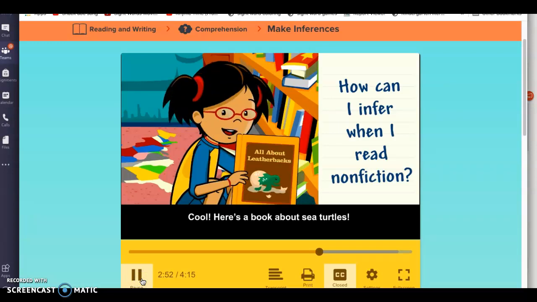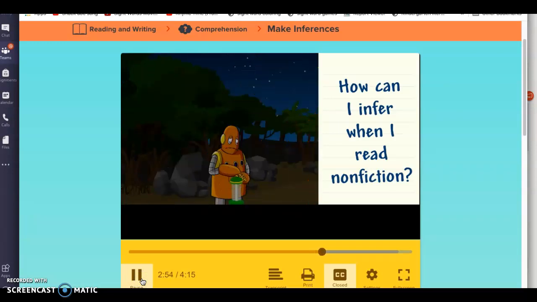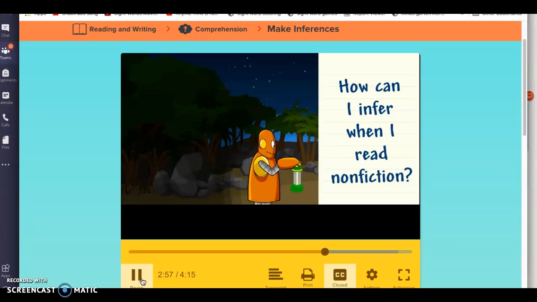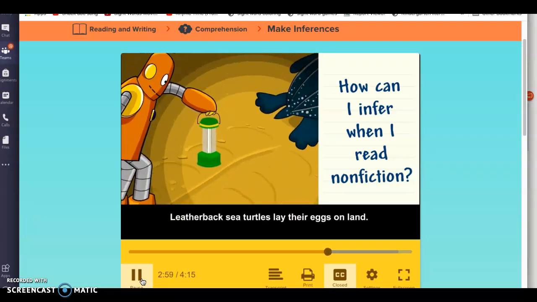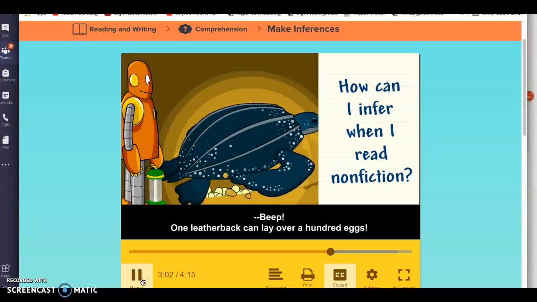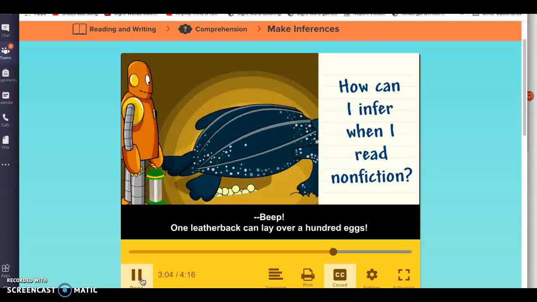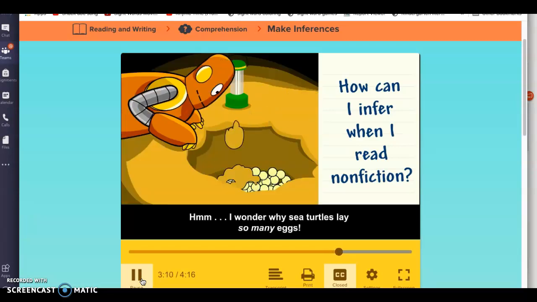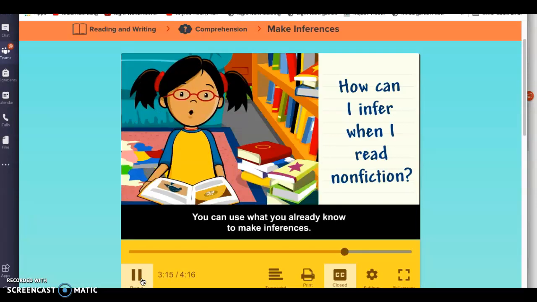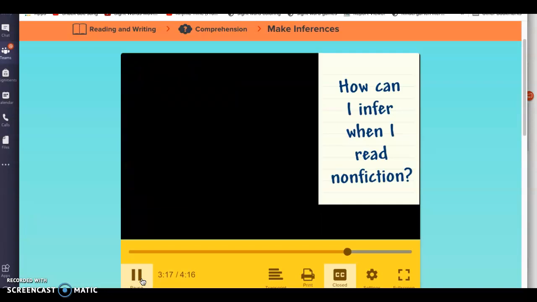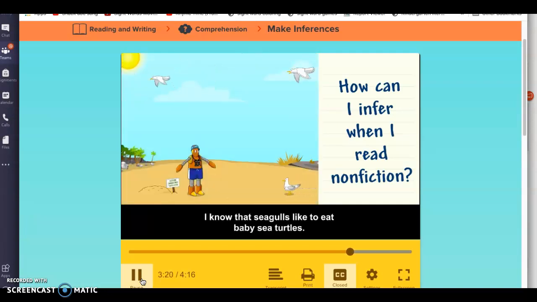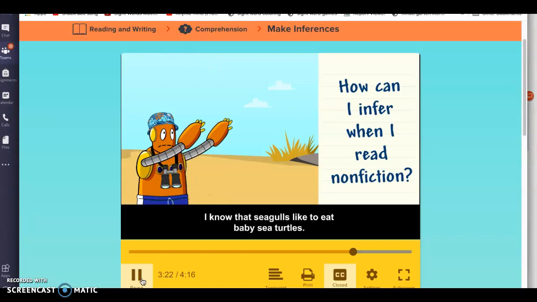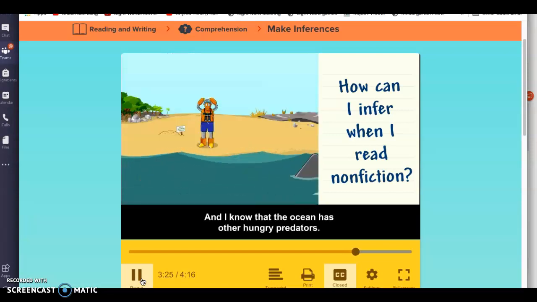Cool, here's a book about sea turtles. Leatherback sea turtles lay their eggs on land. One leatherback can lay over 100 eggs. I wonder why sea turtles lay so many eggs. You can use what you already know to make inferences. I know that seagulls like to eat baby sea turtles. And I know that the ocean has other hungry predators.